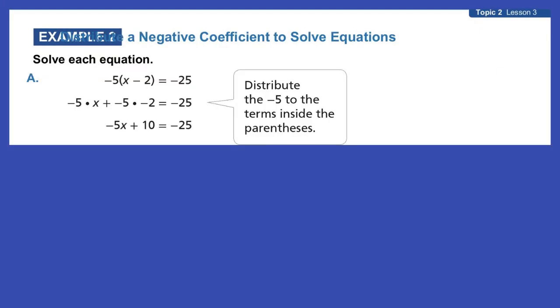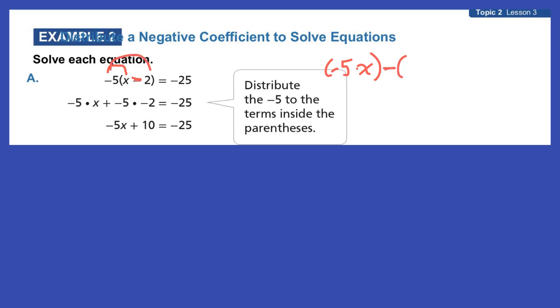This is example number 2 on page 103. I feel like they did something like 2 steps in one that might be confusing to you, so I'm going to do my work over to the side and then we'll compare. So we're going to take negative 5 times x to start with. Negative 5 times x. It was a subtraction problem, so it stays a subtraction problem.